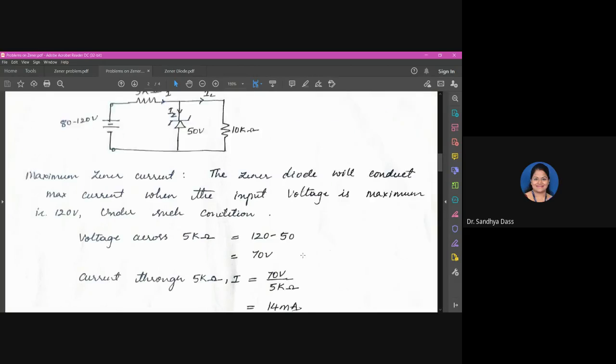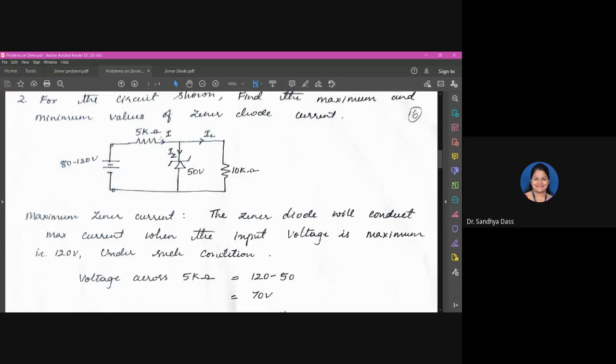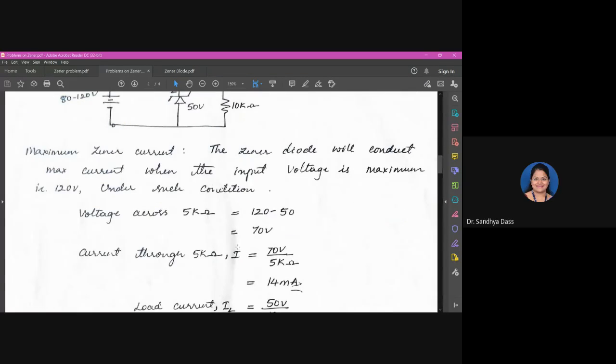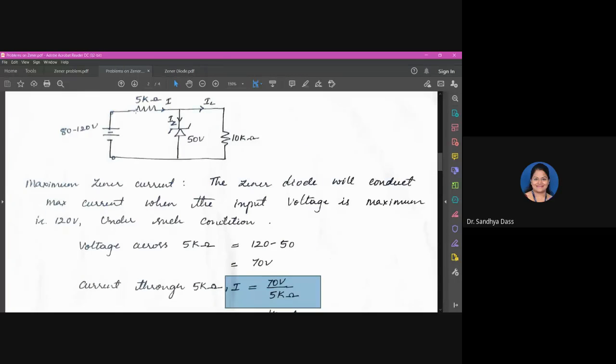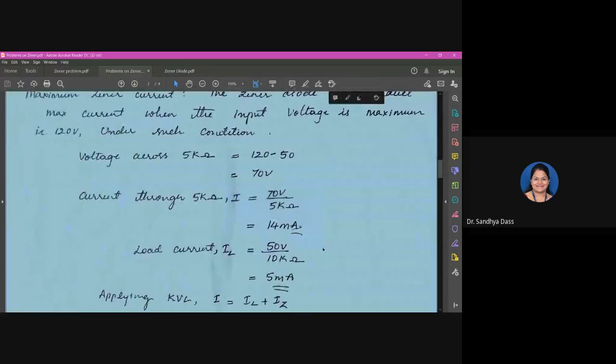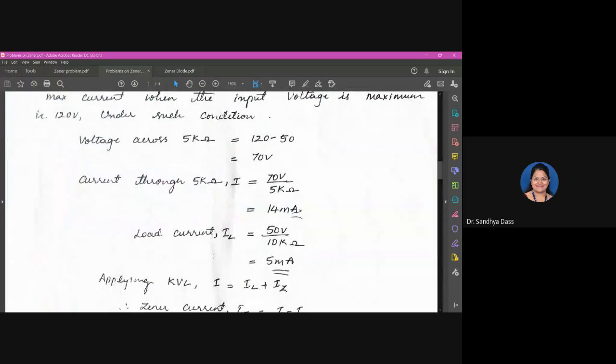This is simple basic Ohm's law: I is equal to V by R, where V you calculated using KVL, 120 minus 50, which is this VS.